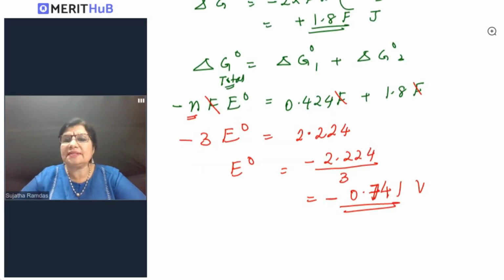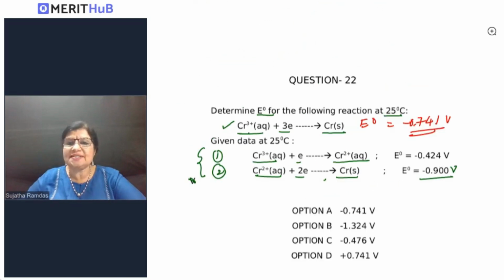Isn't that what we got? Yes. So which option does that correspond to? Option A is the correct answer to that question.